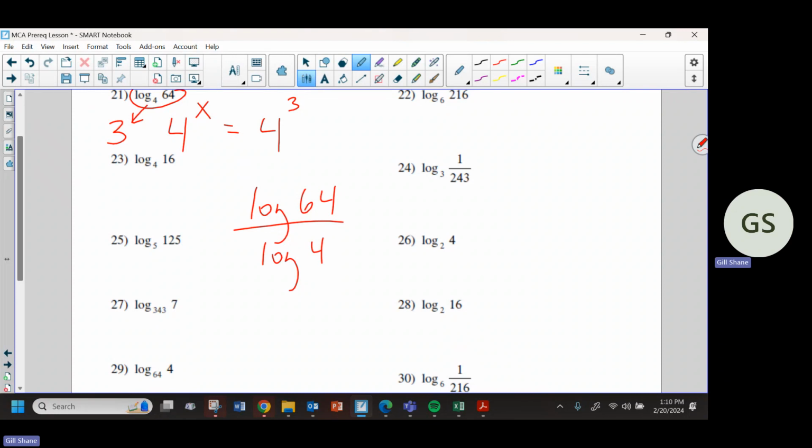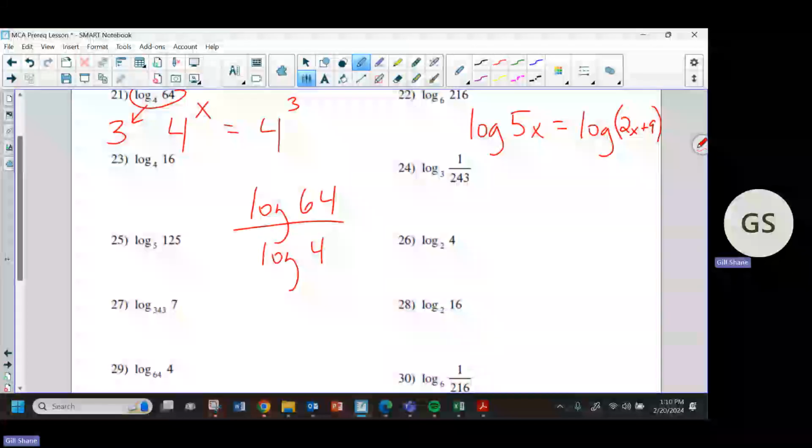It's way easier than you're thinking. That's your problem. If those are equal, what has to be true? Those are the same number. The number on the left will be the same number on the right. That's all you're doing.